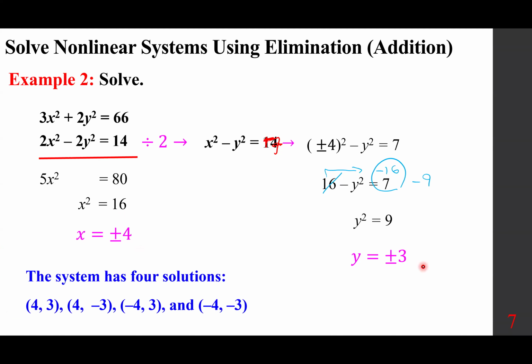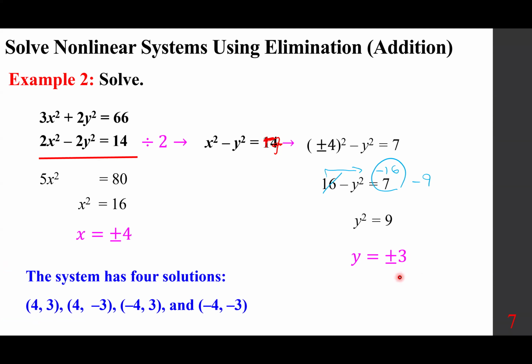The system has 4 solutions, and I can't emphasize this enough. You have to write all 4 solutions. Positive 4 with positive 3. Positive 4 with negative 3. Negative 4 with positive 3. Negative 4 with negative 3.